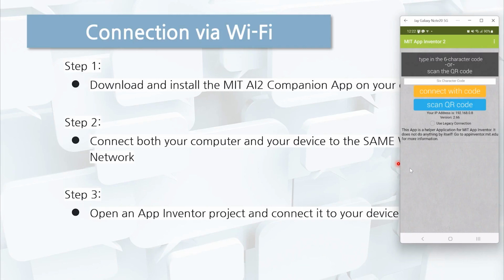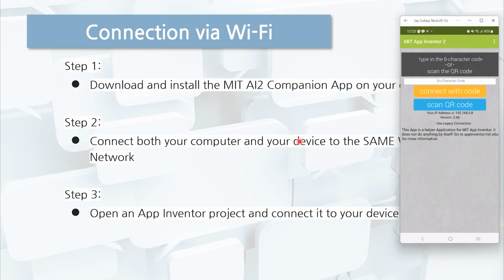So if you have a Wi-Fi 1, then you have to connect to the Wi-Fi 1. That means the mobile is connected to Wi-Fi 1 and your computer is connected to Wi-Fi 1. So we have to do something under the same Wi-Fi connection.